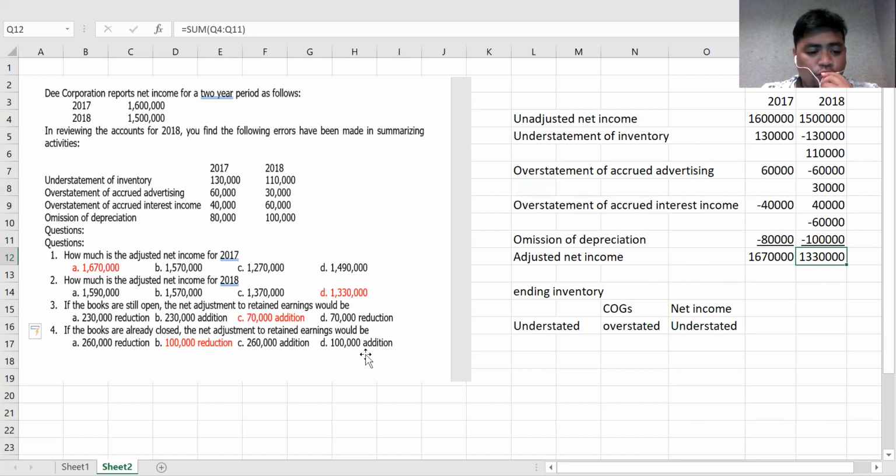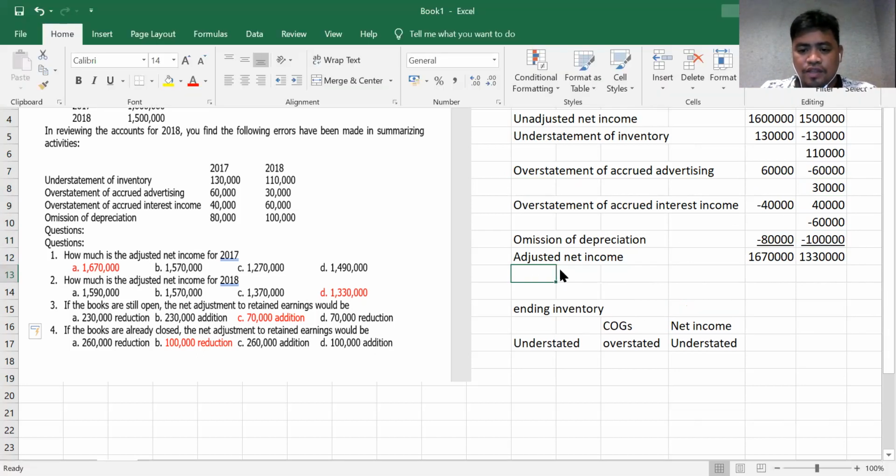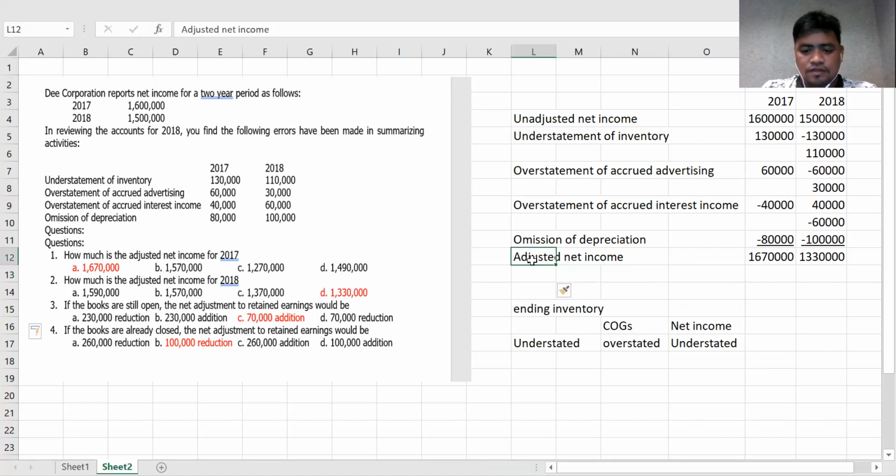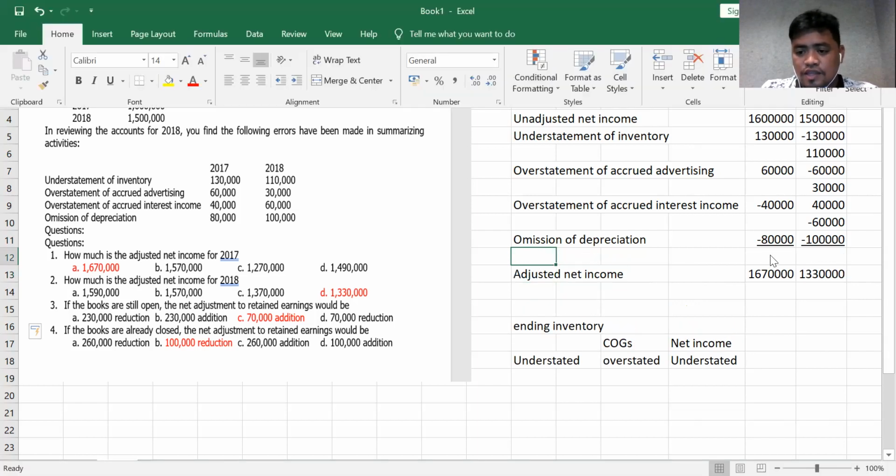Now, if books are still open, for 2017, let's get the net adjustment.